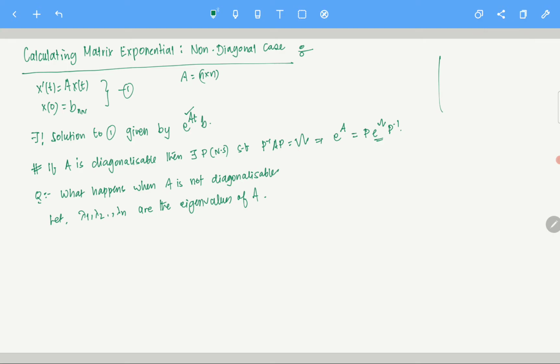What I meant by multiplicity is this: lambda 1, lambda 2, I am taking as an ordering, with multiple eigenvalues repeated as per their multiplicity. You just write it down, lambda 1, lambda 2, up to lambda n, and that's all.